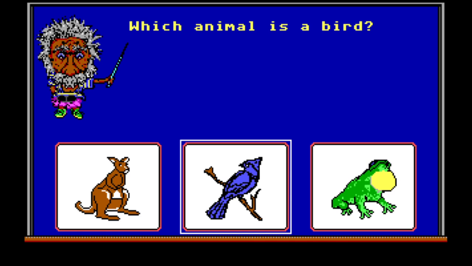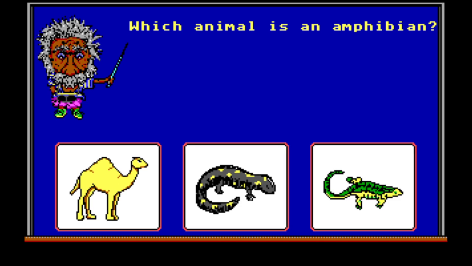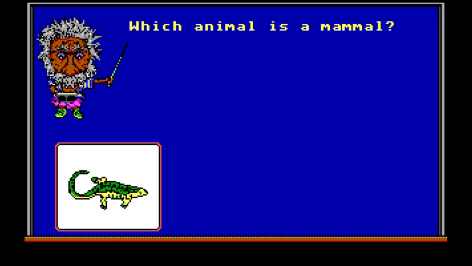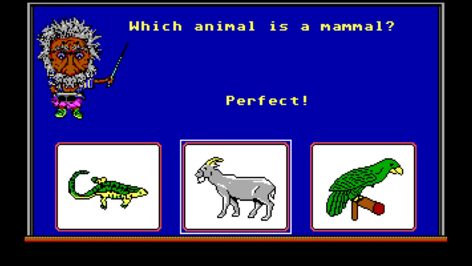And once again, the blue jay. Well, we decided that that's not an amphibian right there. So this amphibious looking thing must be an amphibian. We established this one too.